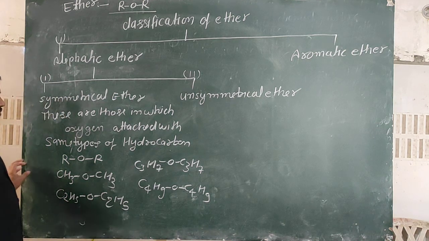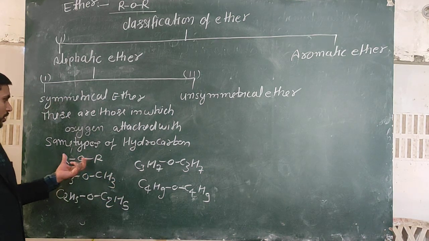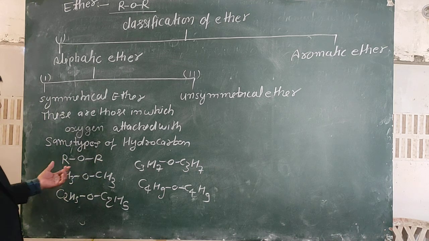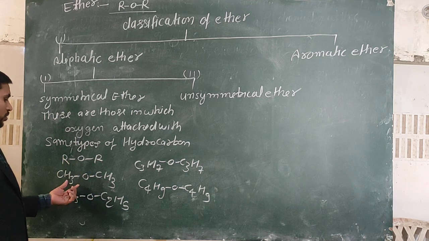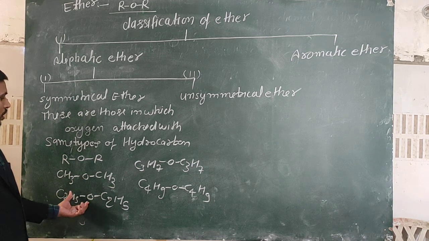Okay, in this type of ether you can see here all the alkyl groups which are attached with the oxygen atom are same.